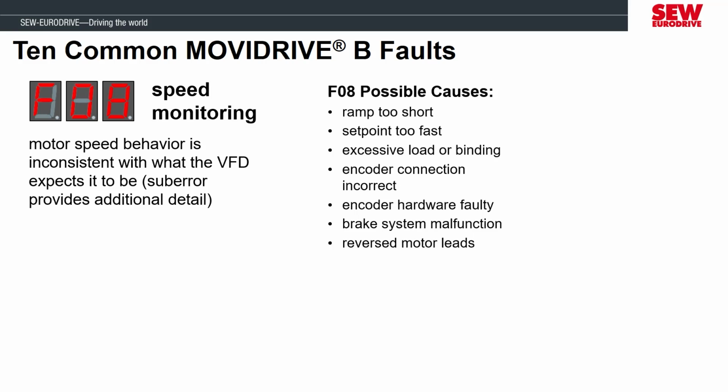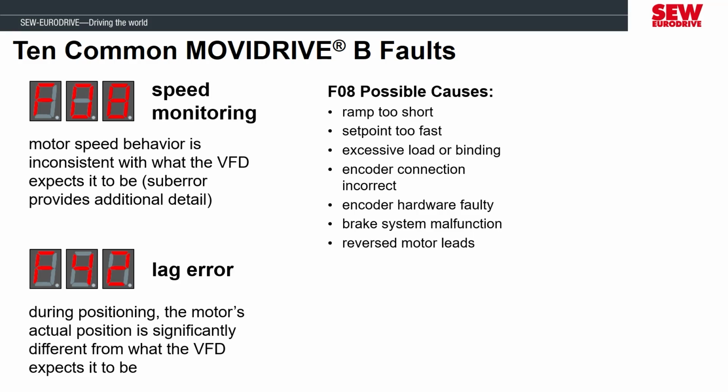These causes can range from issues with the motor commissioning parameters, such as the motor voltage, frequency, ramp time, the speed, or performance tuning. It could also be caused by components like the mechanical brake on the motor, the brake rectifier, or reversed motor or encoder leads.